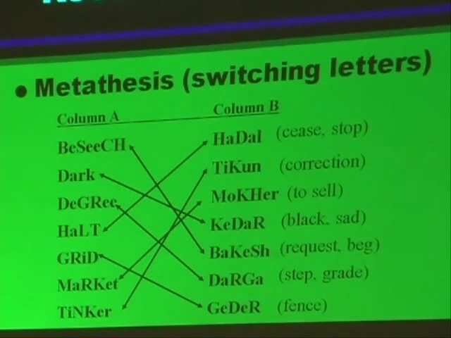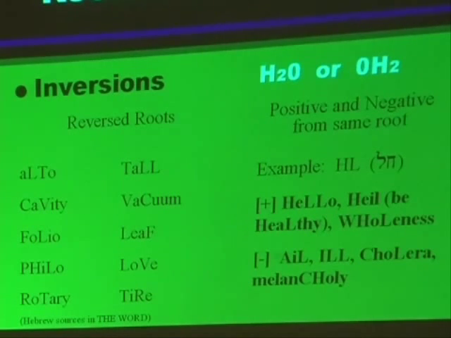Degree, darga. Grid, geder. You even have dark and kedar or koder. Maybe yes, maybe not. Not necessarily is he right, but he's giving some examples that he's found based on these rules that may originate from Lashon HaKodesh.